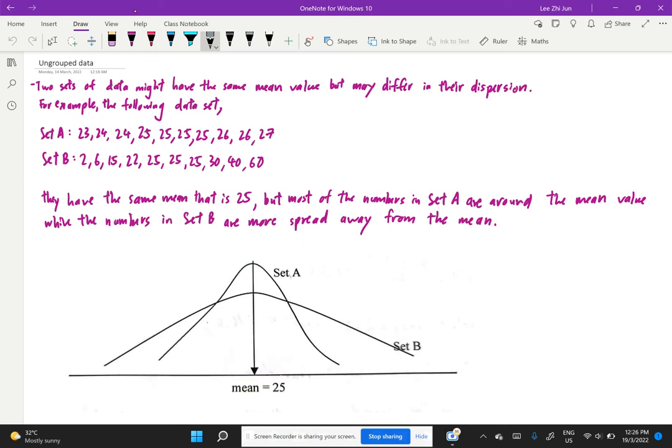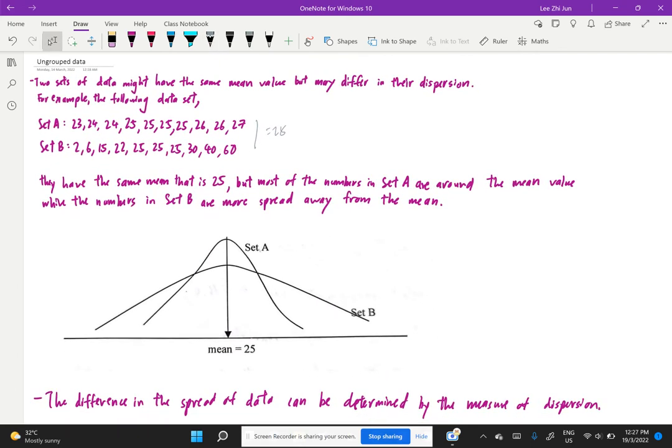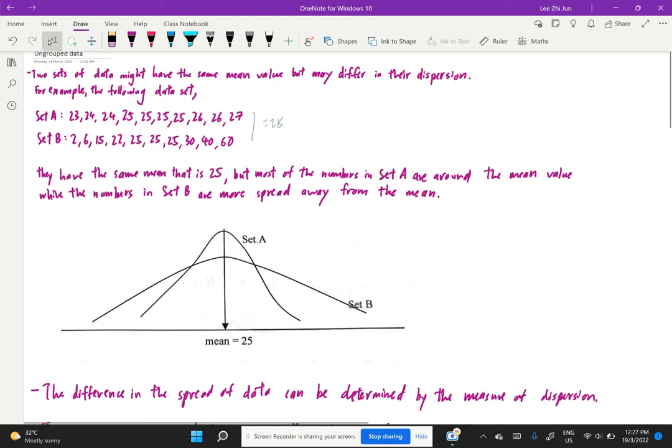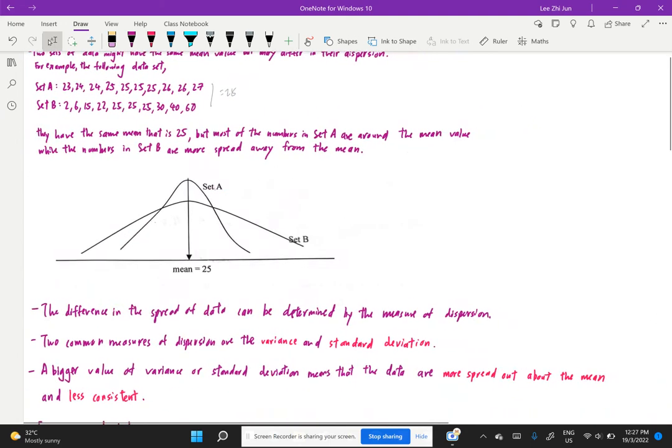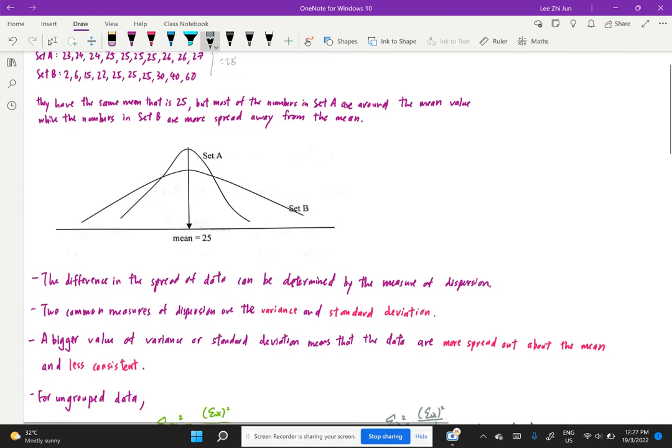Two sets of data might have the same mean, which is 25. But for set A, you can see most of the data is near 25, while set B is spread further from 25. So here is the graph of set A and set B. The difference in the spread of data can be determined by the measure of dispersion, such as variance and standard deviation.